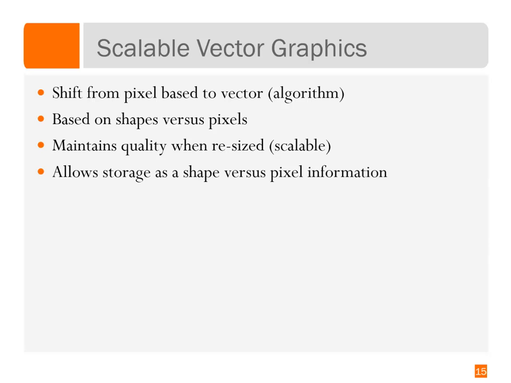So whether I have a small screen or a large screen, I'm able to rescale that object size using an algorithm instead of having hard-coded pixel definitions that aren't going to be as sharp and may not scale nearly as well. Now this allows storage as a shape versus pixel information.